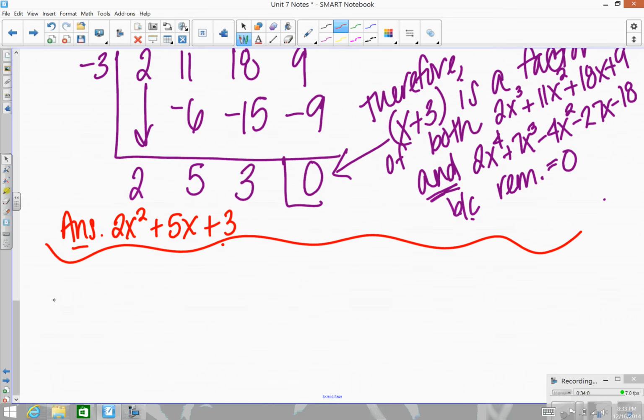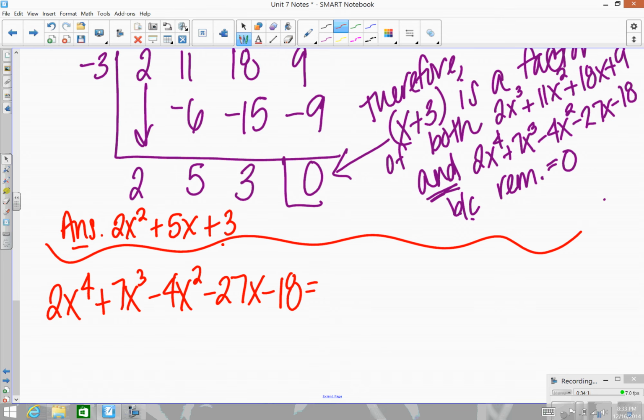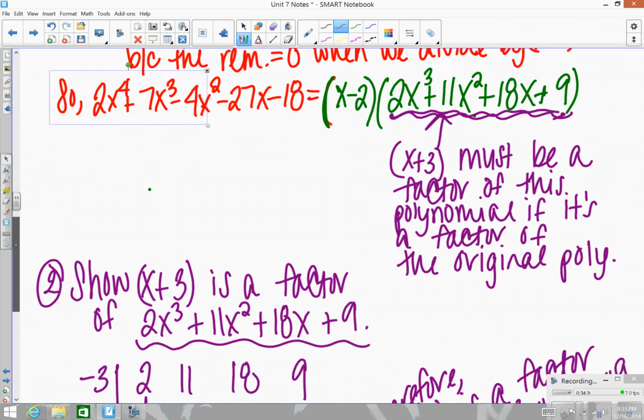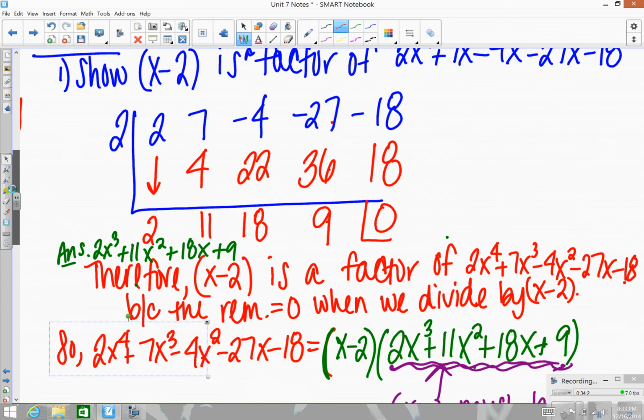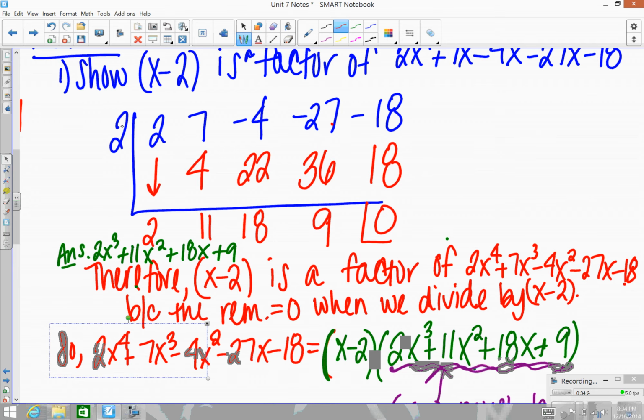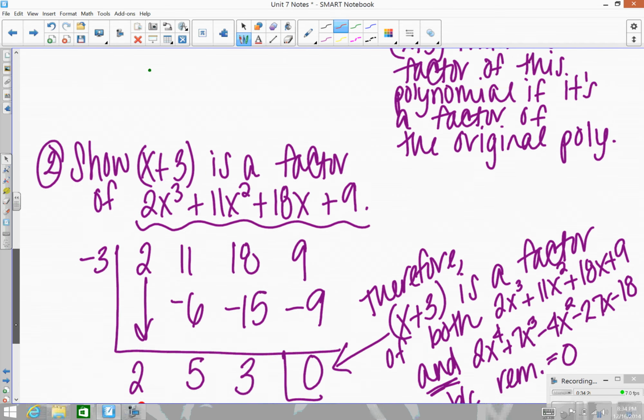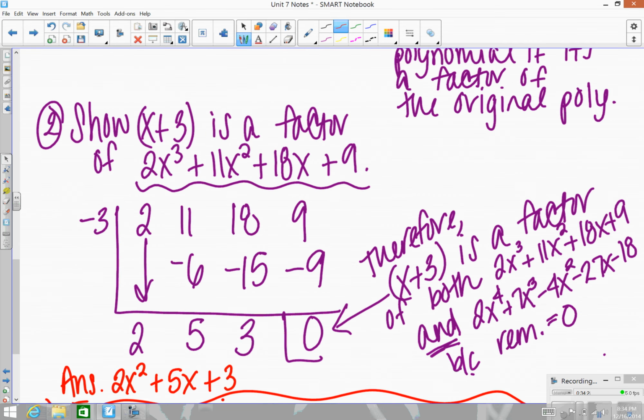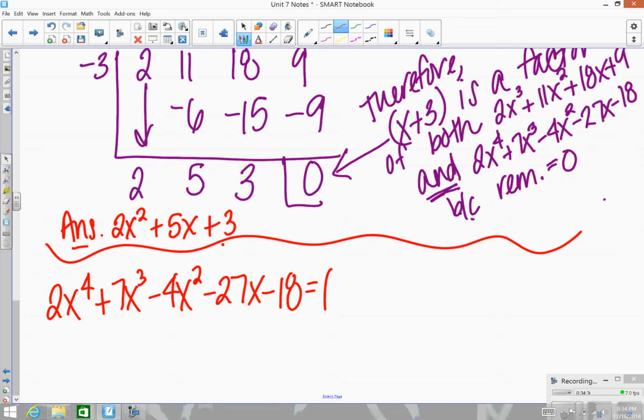That means that this original 2x to the fourth plus 7x to the third minus 4x squared minus 27x minus 18 is the same thing as saying x minus 2, because I divided it by x minus 2, times x plus 3, since I showed x plus 3 is a factor.